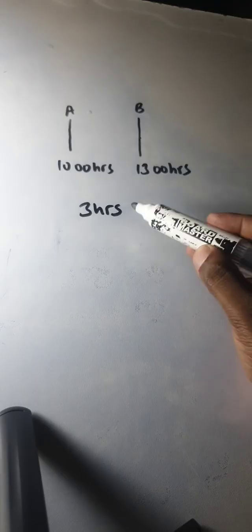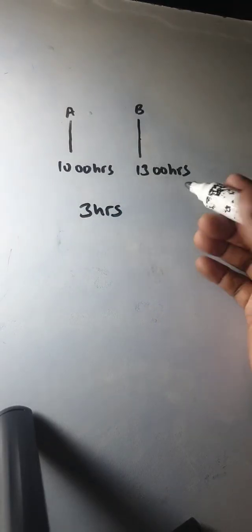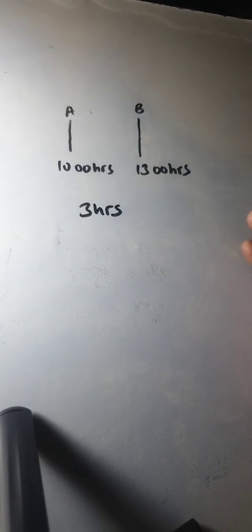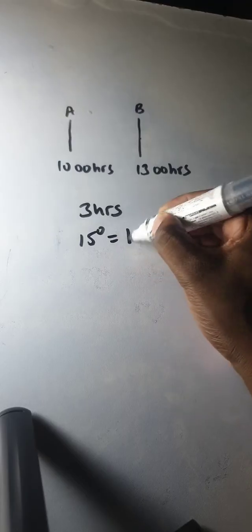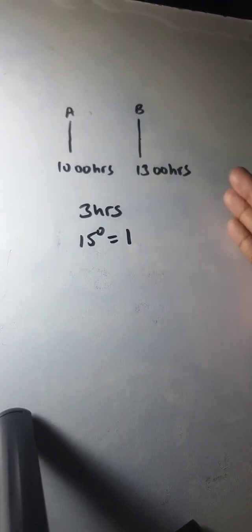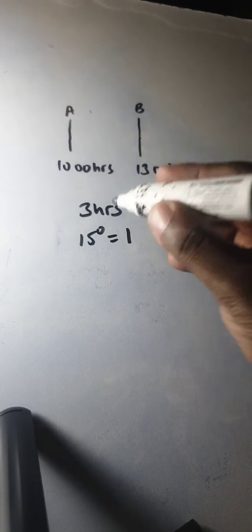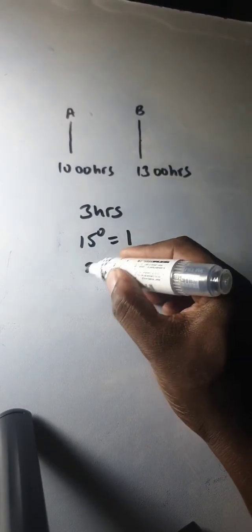So we change these 3 hours into degrees because we need to find the difference in longitude. Every 15 degrees is always 1 hour. So what about 3 hours? How many degrees are we going to get?